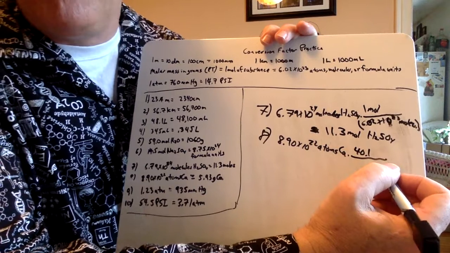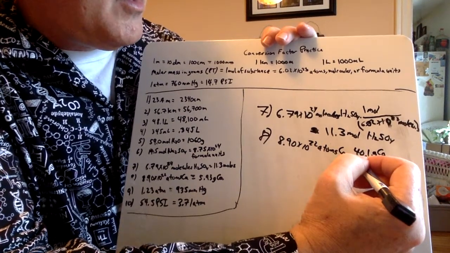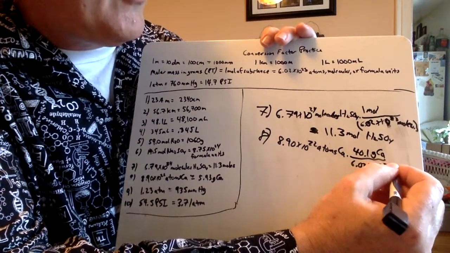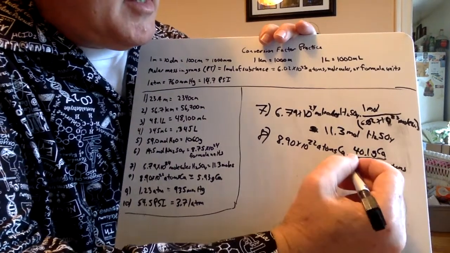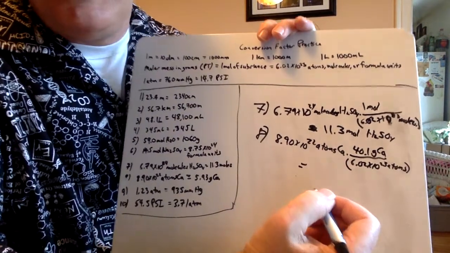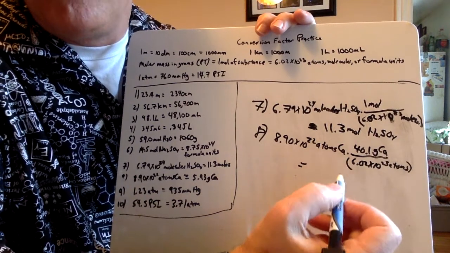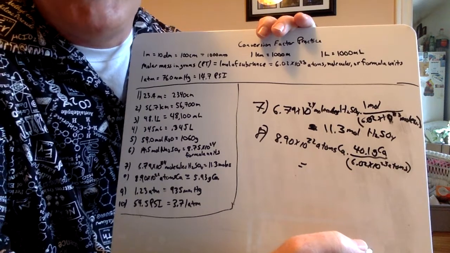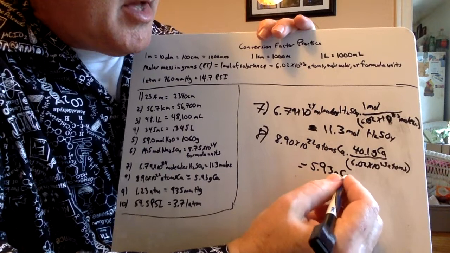It's 40.1 grams of calcium in 6.02 times 10 to the 23rd atoms. Don't forget, put it in parentheses because it's scientific notation. Take the 8.90 times 10 to the 22nd times the 40.1, divide by the 6.02 times 10 to the 23rd in parentheses, and you get 5.93 grams of calcium.